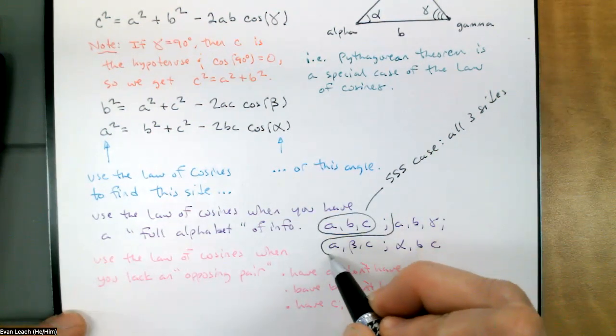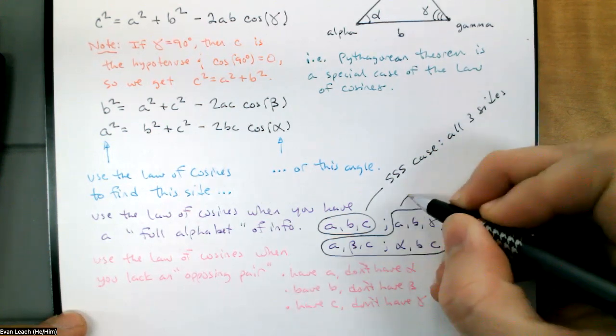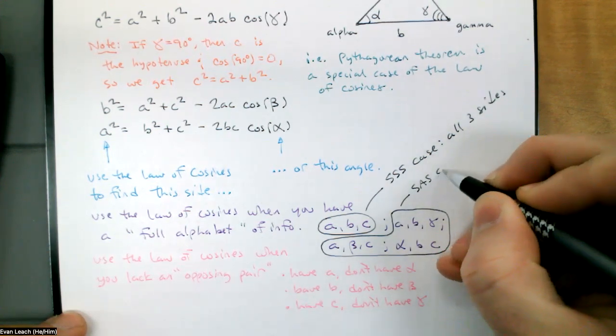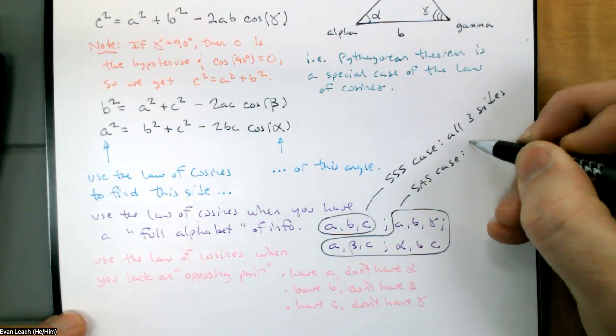These 3 are the SAS case. 2 sides and the included angle.